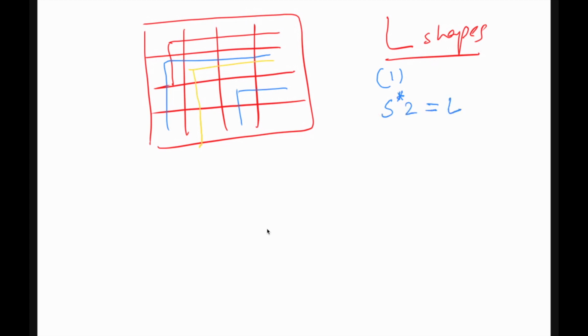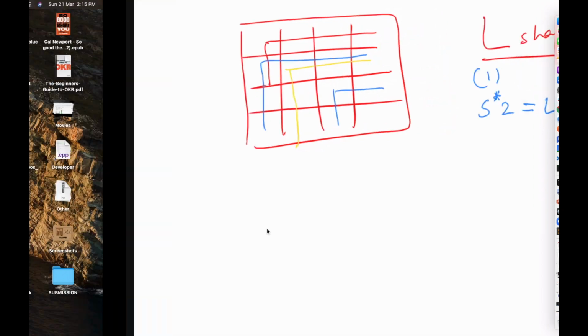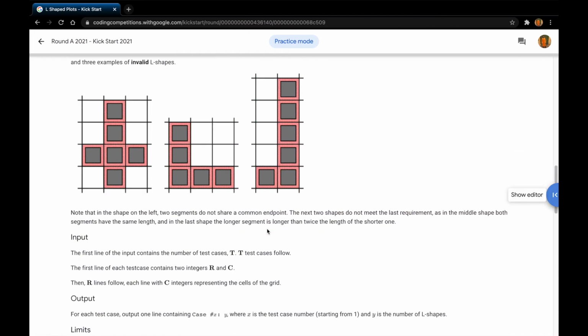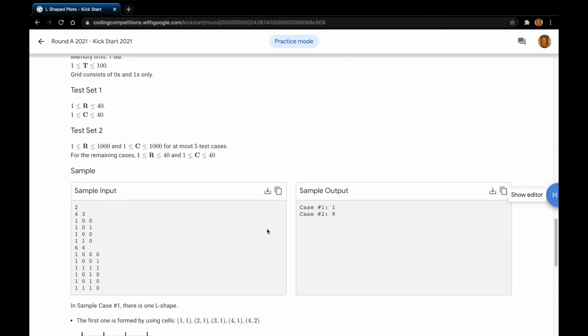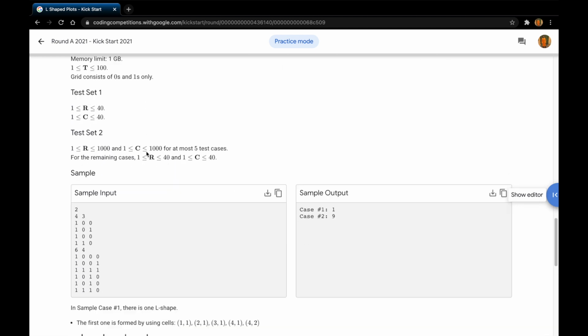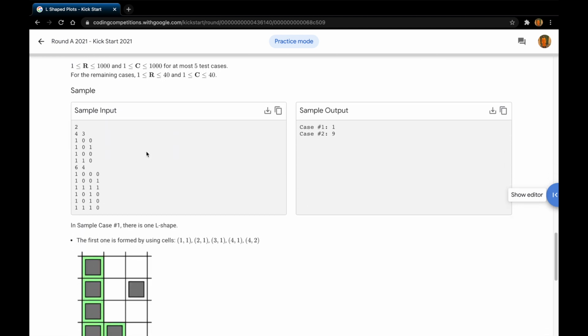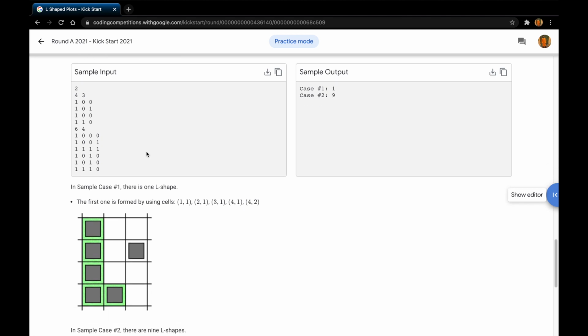So let's take an example test case from the question first. Let's consider the second test case in this question. We can see that we are given the number of rows as 6 and the number of columns as 4, and the values are as such.